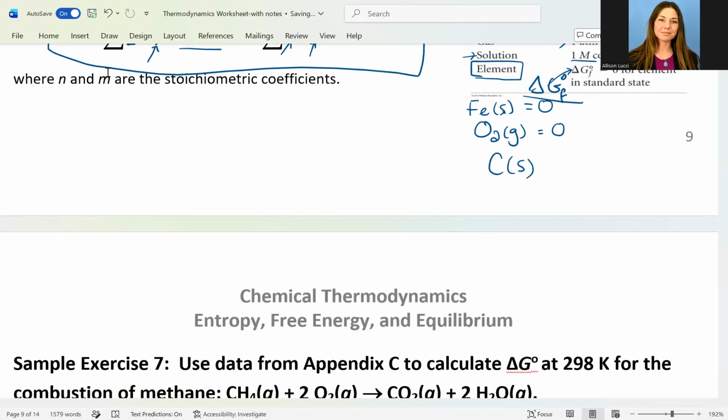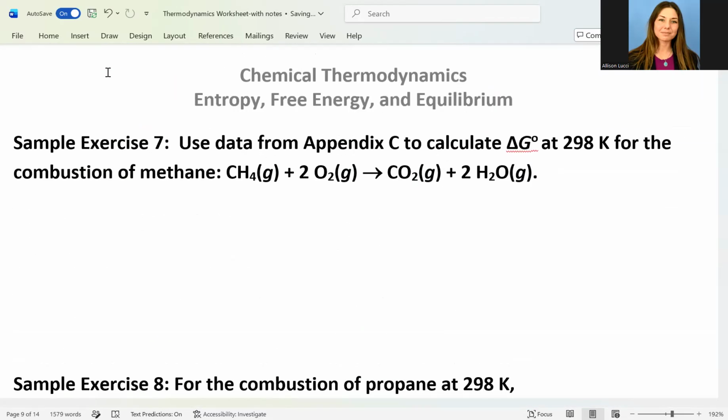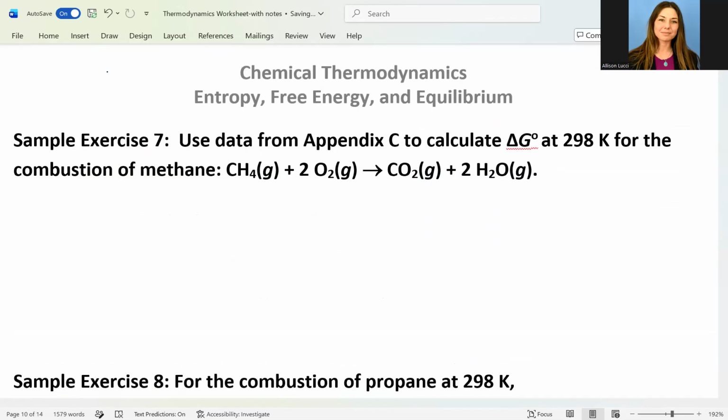So let's take a look at this sample exercise 7 here. It asks us to use Appendix C. That's been provided on Blackboard, but you can also just Google any thermodynamics table of values, something like that.